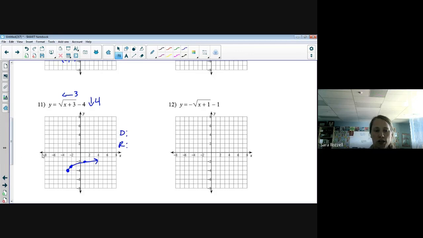What is our starting x value? Our graph starts at -3 for the x. And our starting y value is -4. Oh, I wrote a y for the x. Silly me.